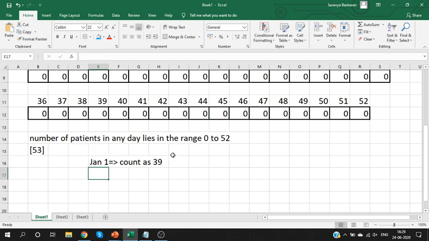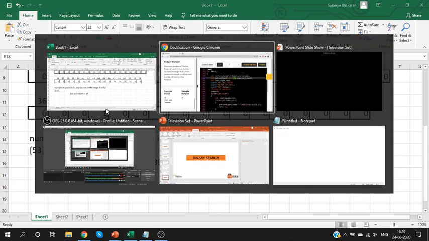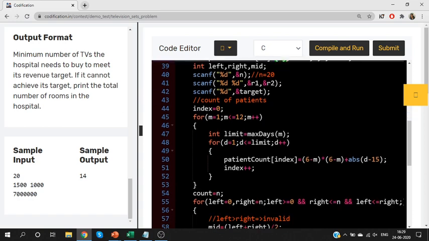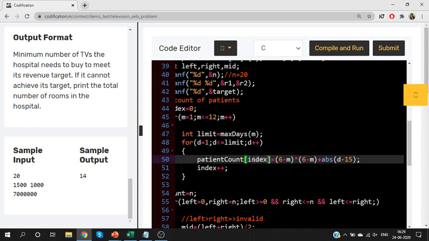What you have to do is go to the 39th index and increase the count value. Clear? For Jan 1st, you get the count as 39. Go to that index and increase the value. So, when you calculate, you will get an answer.